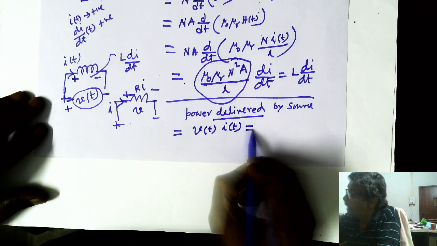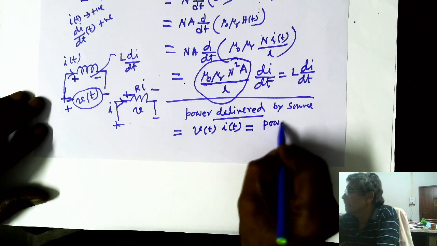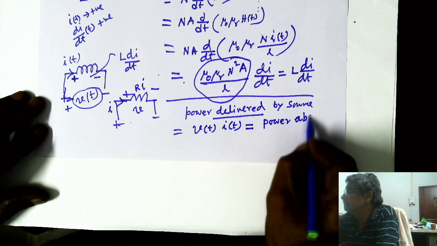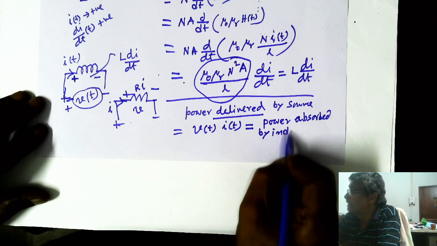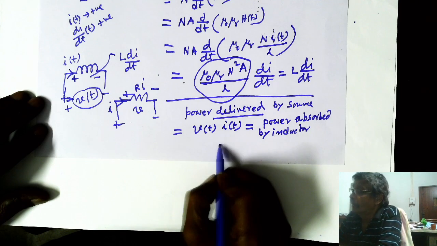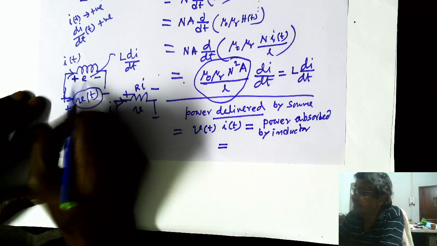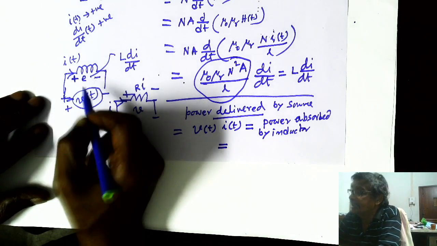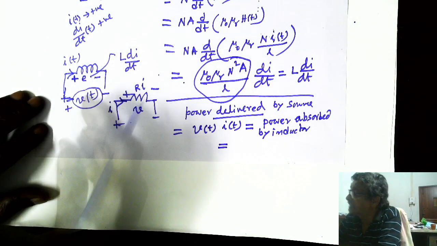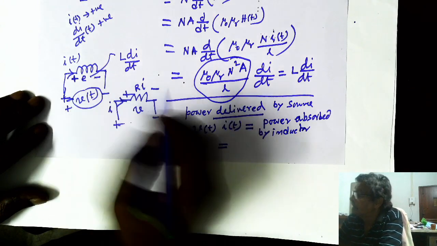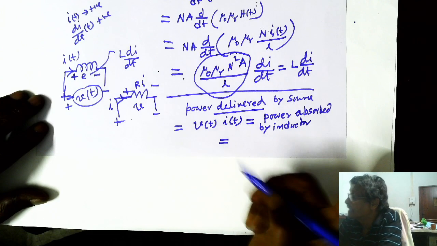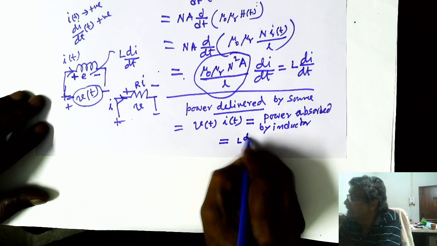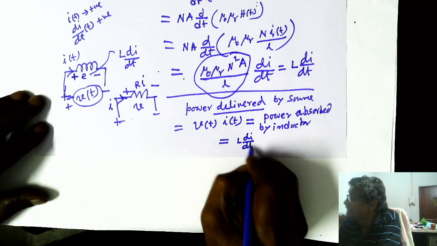Power is delivered by the source, and this will be the same as the power absorbed by the inductor. What is the power absorbed by the inductor? E into i. But E is L di/dt, which is there. So power absorbed is this voltage and current entering through the positive, so it will be L di/dt into i.